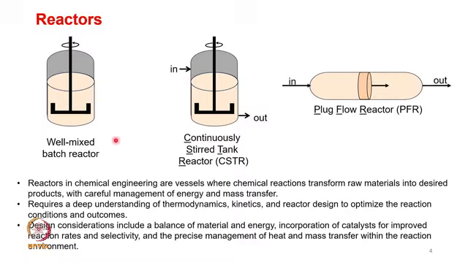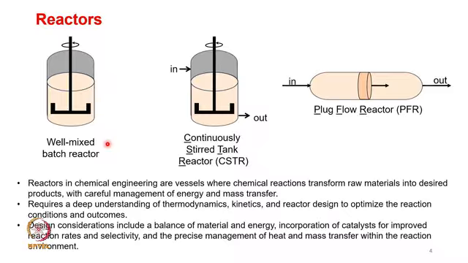In a batch reactor, your feed and the desired components are charged into the reactor directly. The reactor is a closed vessel and the reaction takes place, and once a specified time is completed, assuming that the reaction has completely taken place, you open up the reactor and take out the products.